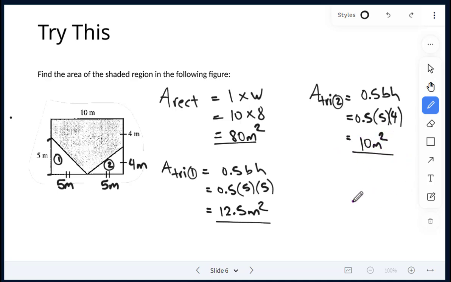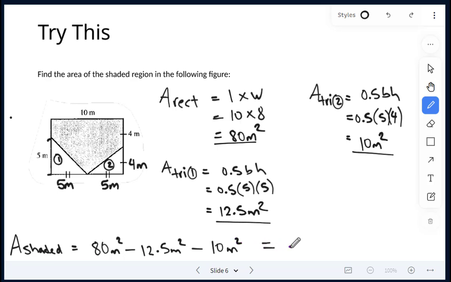All right, so we have area of the rectangle, we have the area of the two triangles, so we have to subtract out those two triangles. All right, so area shaded is 80 meters squared. We're going to subtract out triangle 1, 12.5 meters squared, and we're going to subtract out the 10 meters squared.